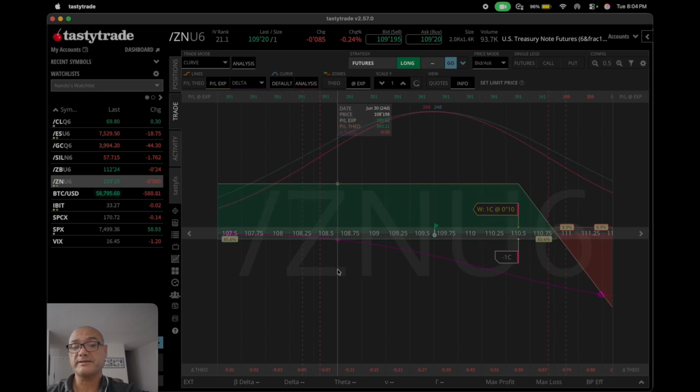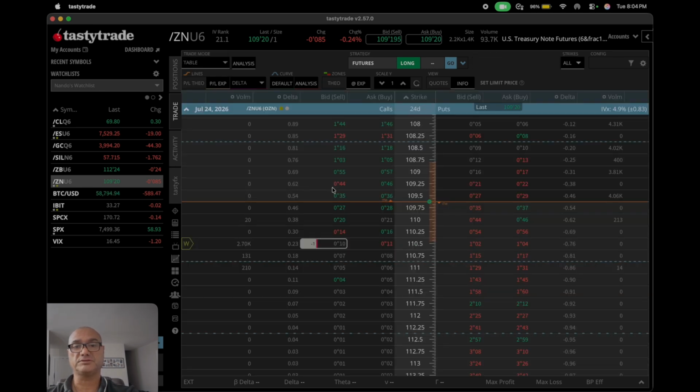If I want to remain delta neutral, so this position is currently the equivalent of being short about 23 delta. I can go out and sell. I'd rather sell, let's see what the open interest is, just out of curiosity.